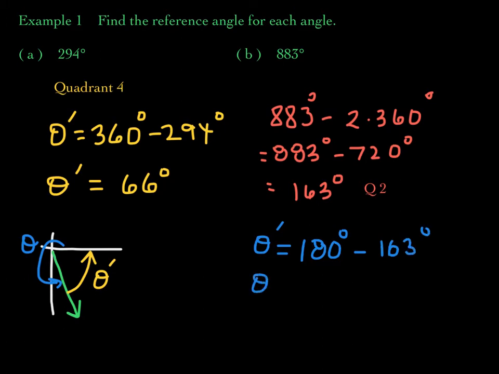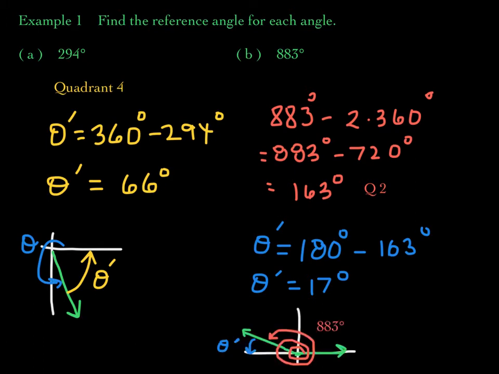So theta prime is going to be equal to 17 degrees. Let's be very clear. The first angle I found is coterminal with 883 degrees. This one is the reference angle for 163 degrees.